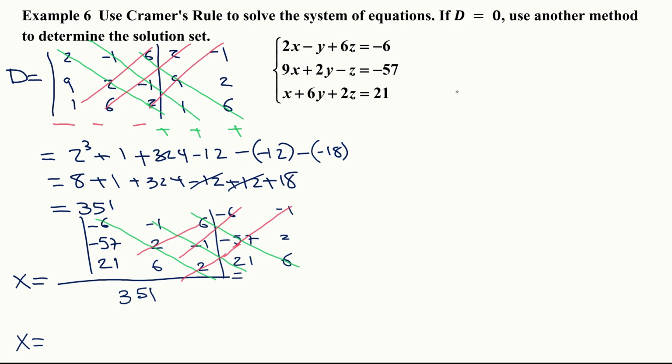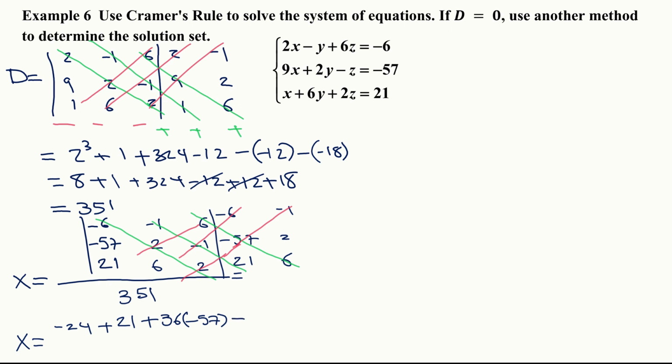So we end up with x equals -6 times 2 times 2. That's going to be -6 times 4, so -24. Plus, remember the green group gets added. -1 times -1 times 21, so that's 21. And then plus 6 times 6 times -57, so that's 36 times -57. Yeah, the numbers may get large, but no fear, because we're going to use a calculator, right?